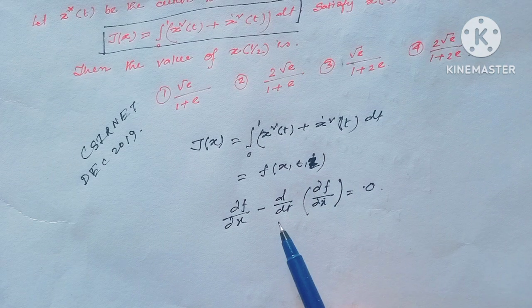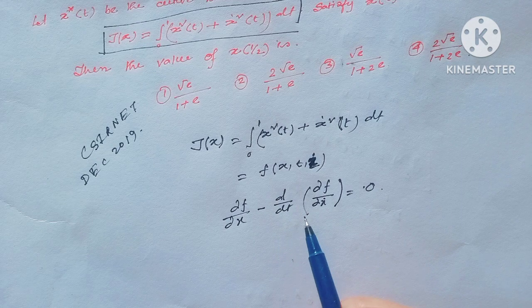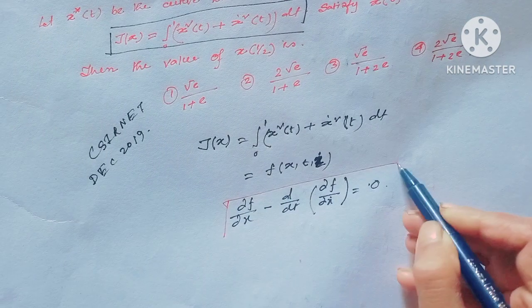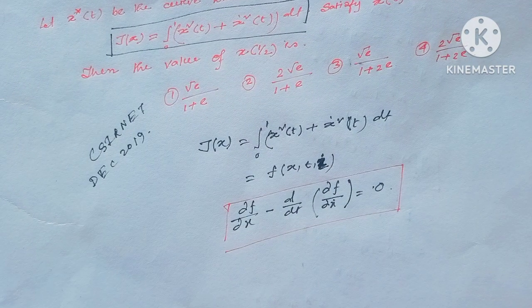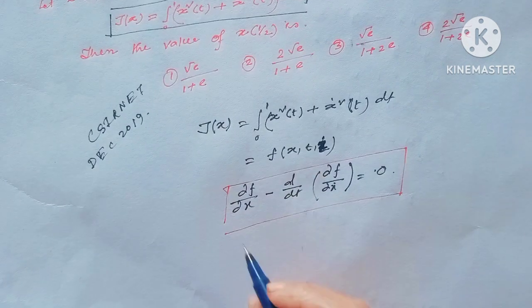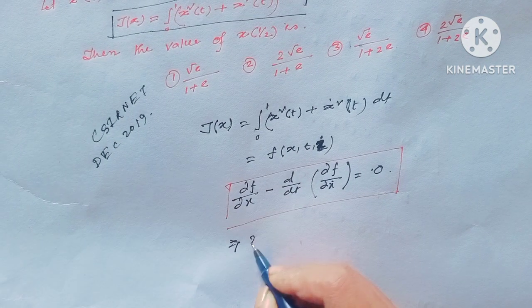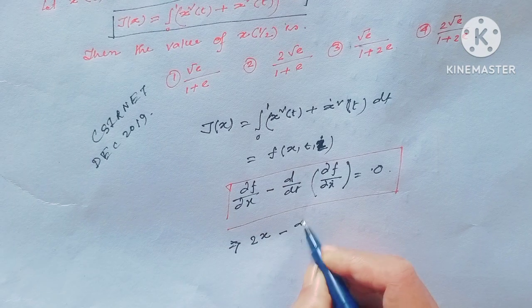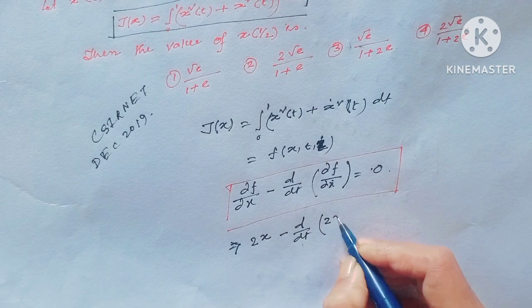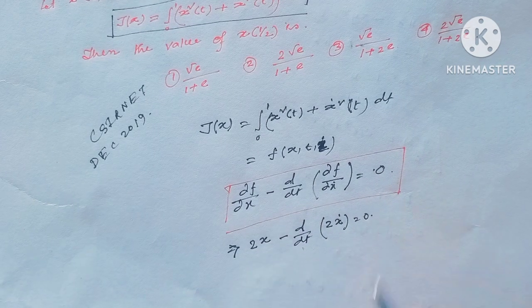So here the Euler equation is different. Here the Euler equation is del f by del x minus d/dt of del f by del x dash equal to 0. That implies del f by del x is obviously 2x, minus d/dt of del f by del x dash, which is 2x dash, equal to 0.